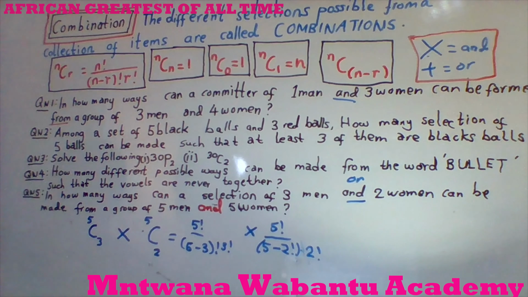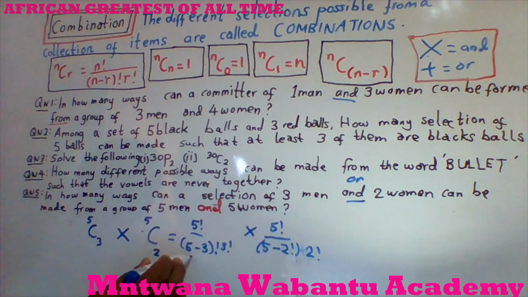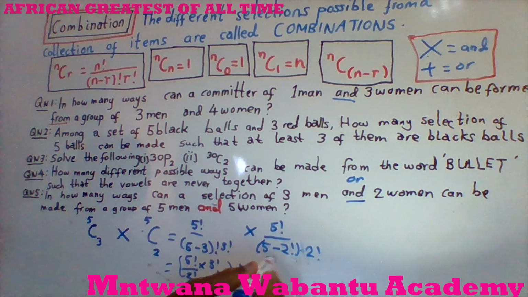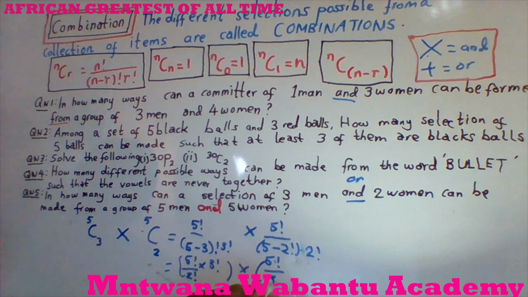You can plug that in a calculator, or if you want to simplify further, this is 5 factorial over 5 minus 3 equals 2 factorial, times 3 factorial, and then you multiply by the second group, which is 5 factorial over 5 minus 2 equals 3 factorial, times 2 factorial.